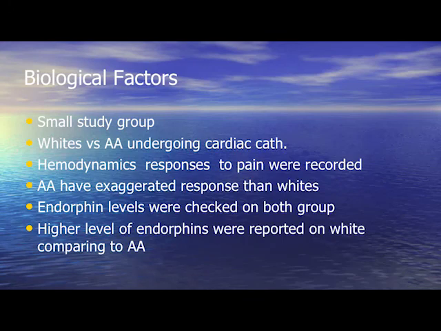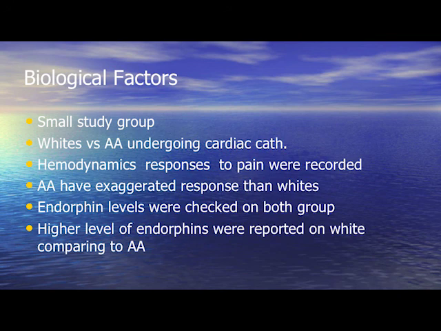For the biological factors, a very small study compared African American and Caucasian patients going for cardiac cath. They looked at the hemodynamic response to the pain during the cath, and they studied the endorphin levels.